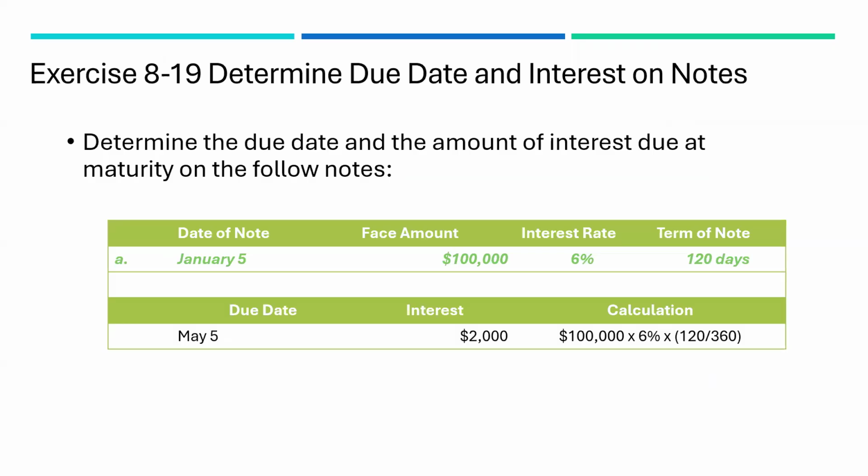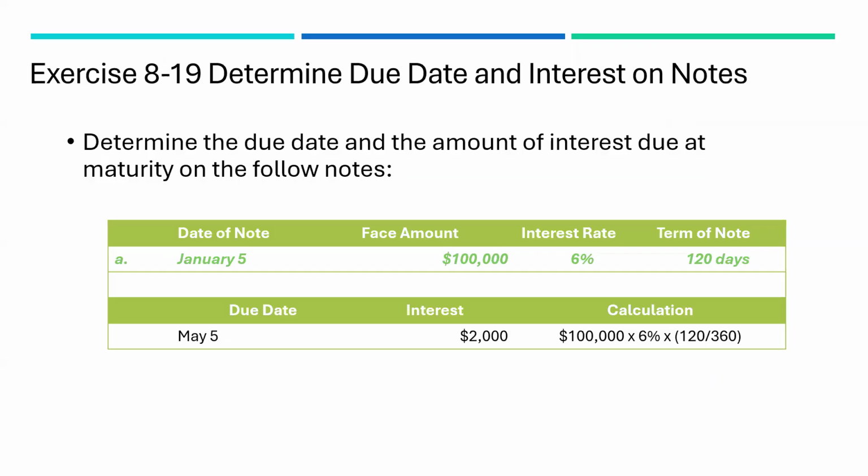So for the January 5th note, the term is 120 days, and so it's due on May 5th because we have 31 days in January minus 5 is 26.